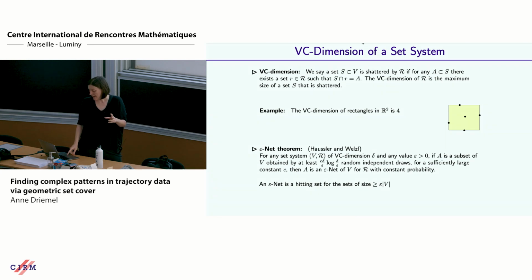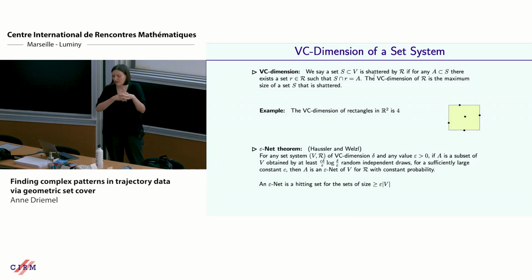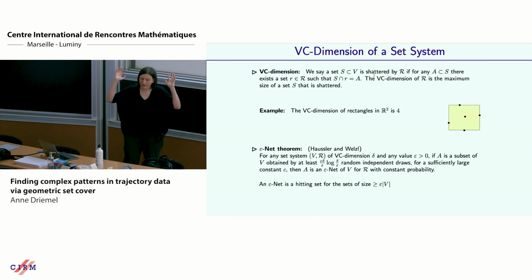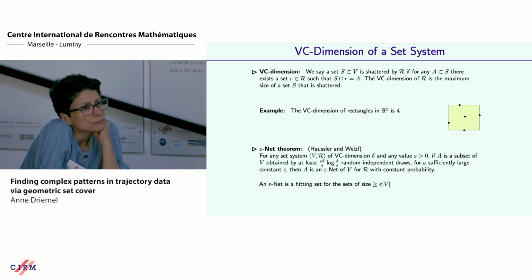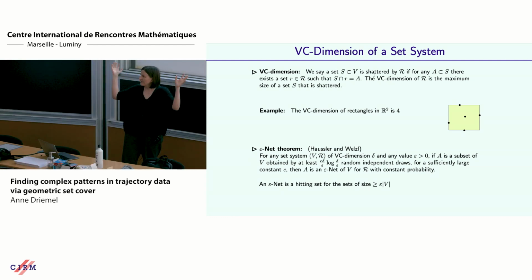And the VC dimension is the largest possible set that is shattered. So it's a measure of complexity of the set system. So if you have the power set, then this has the largest complexity because all subsets are contained in the set system.